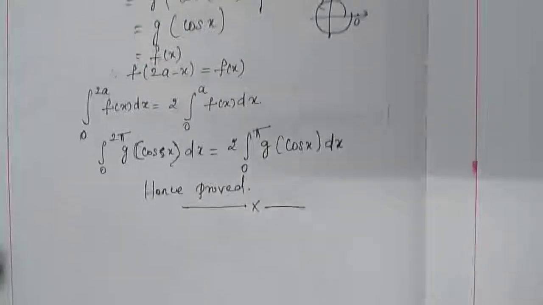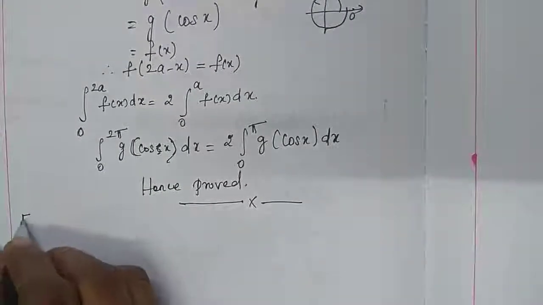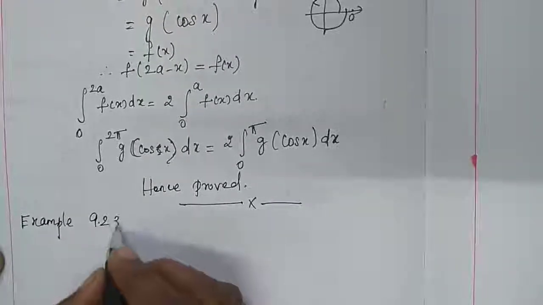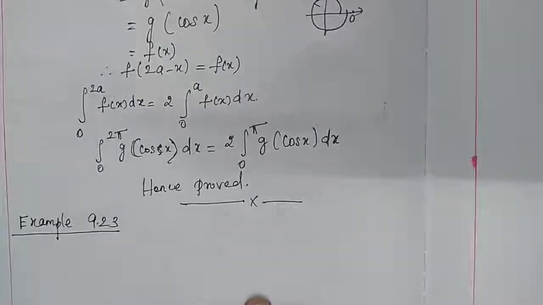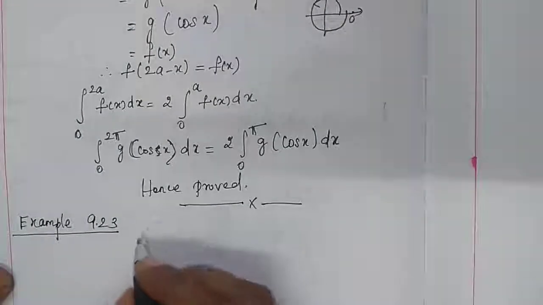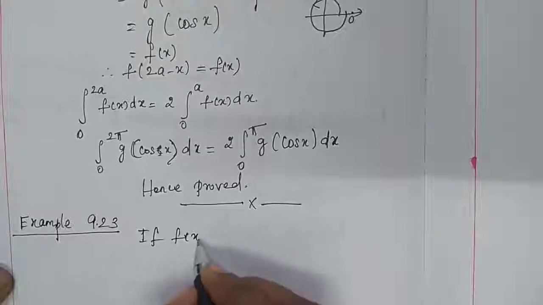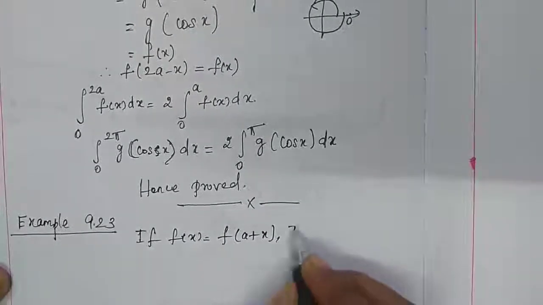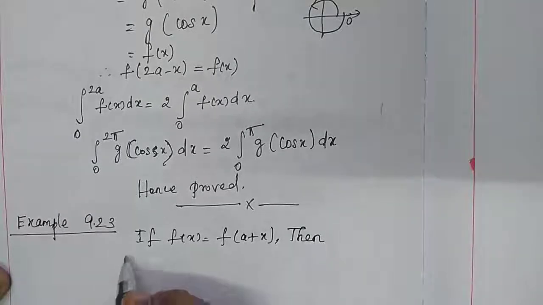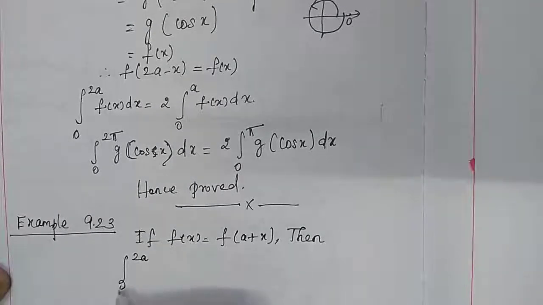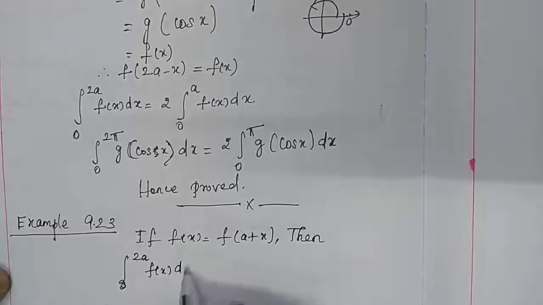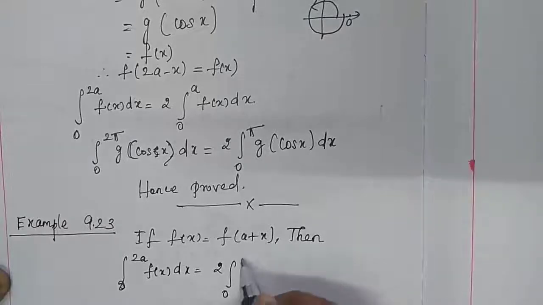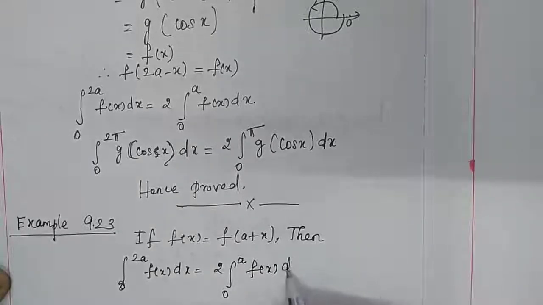Example 9.23. So now, let's see example 9.23. The question is, if f of x equals f of a plus x, then the integral from 0 to 2a of f of x dx equals 2 times the integral from 0 to a of f of x dx.